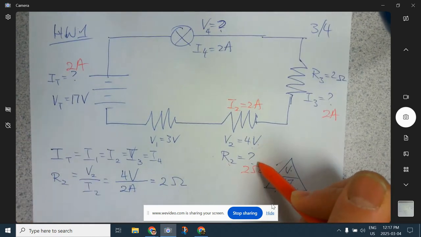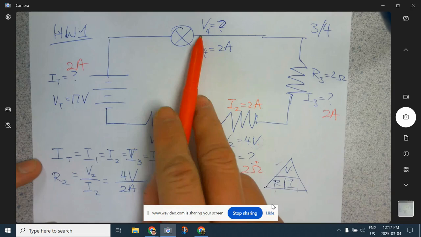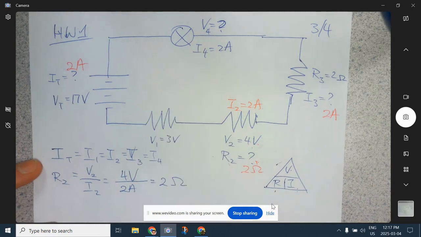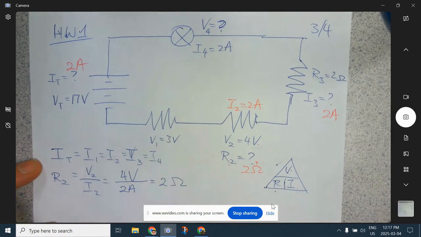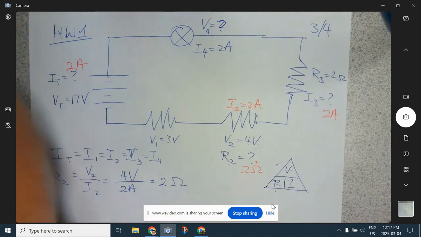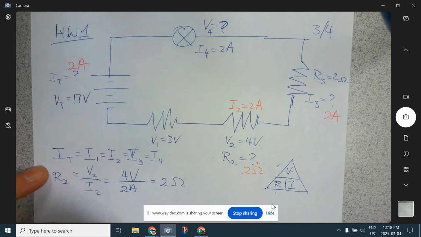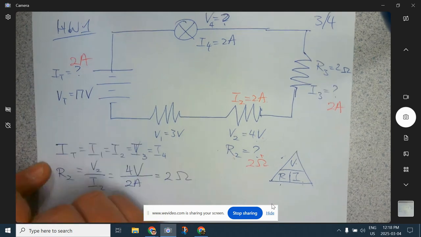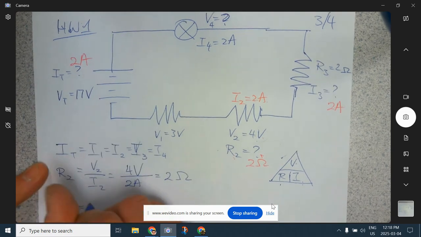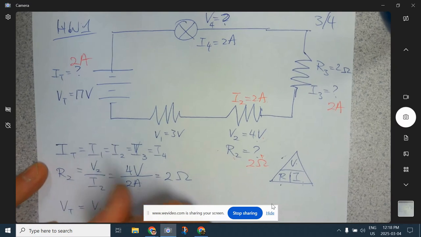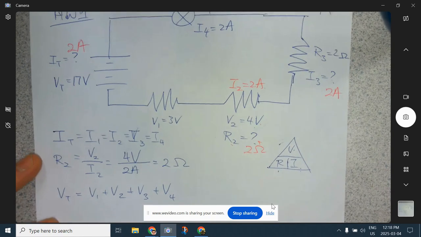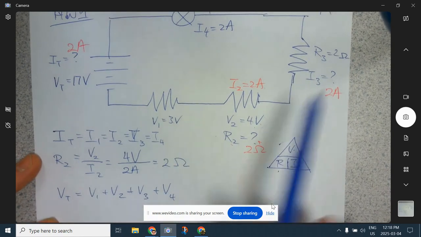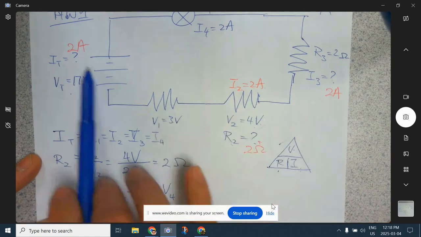Now, the thing is this, we need to find V4, and we know in the series circuit, total voltage equals V1 plus V2 plus V3 plus V4. Okay, so we know that you add up all the voltages together and it gives you 17 volts.